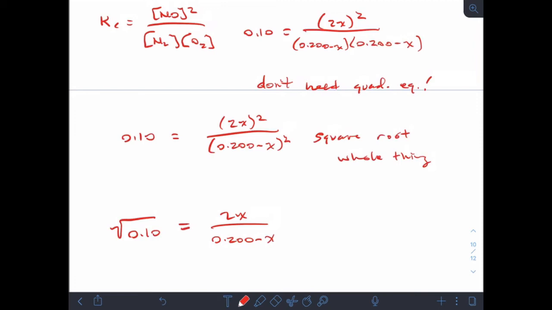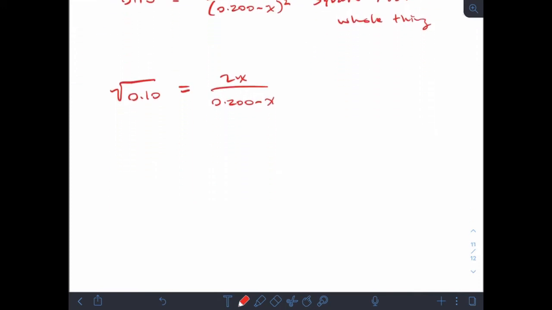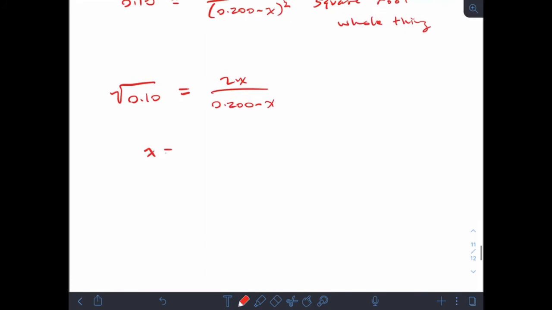Watch for ways that you can simplify your math, because the quadratic equation is long, tedious, and fraught with possibility for mistakes. So we rearrange and solve for x. We find that x equals 0.027. Okay, so that's our change.